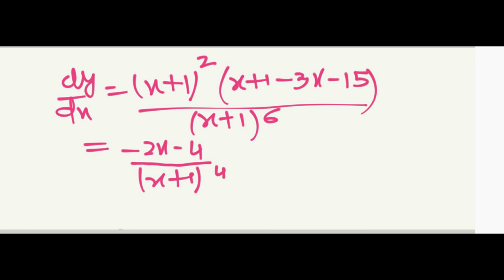Now you cut 2 with 6, it becomes 4. So you are left with minus 2x minus 4 upon x plus 1 raised to power 4. So friends, you see, it is very easy to solve such questions. The only one thing you need to remember is the formula.